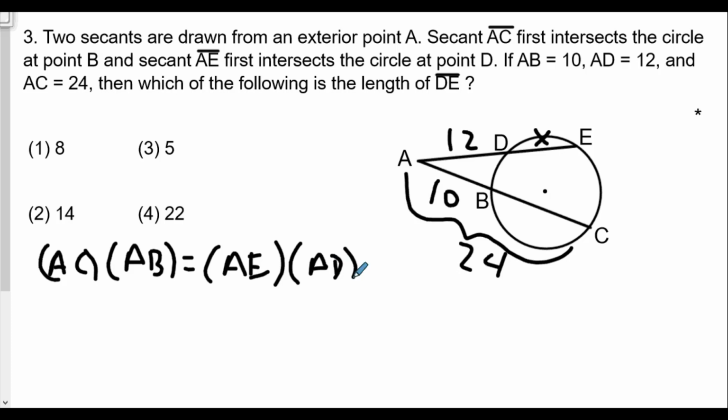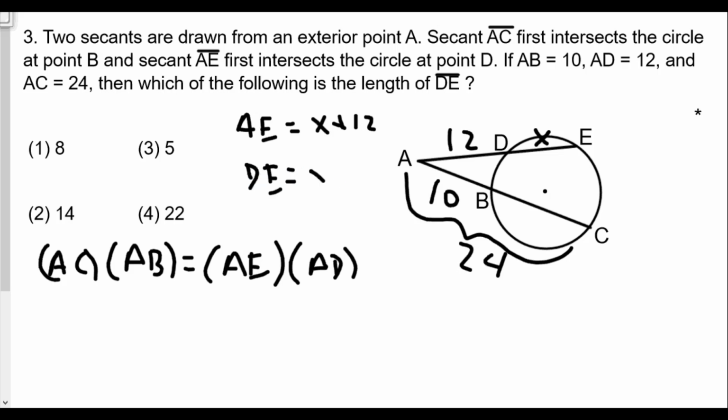Now AE is equal to x plus 12. Afterwards, we are going to find DE, because DE is equal to x.